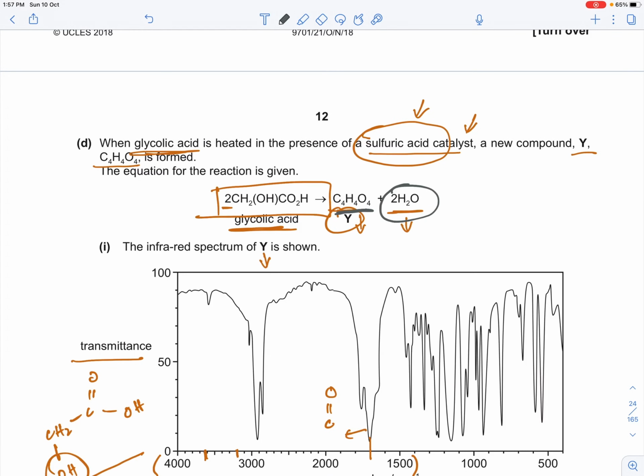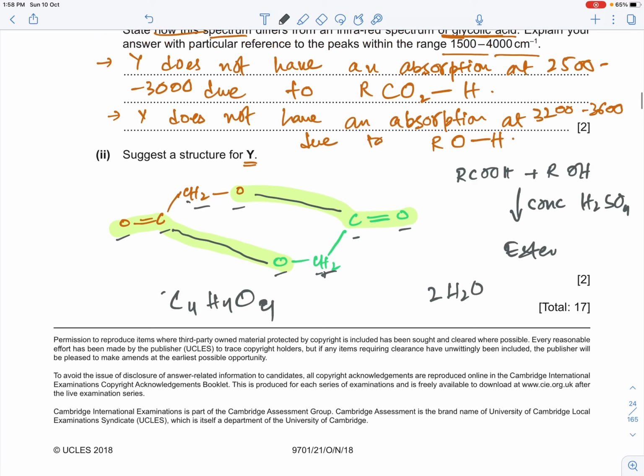This is exactly the same molecular formula they have given us. So Y is a diester, or we can say a cyclic ester. When two molecules which have both carboxylic acid and alcohol present in them react with each other, they form a cyclic ester, just like this one.